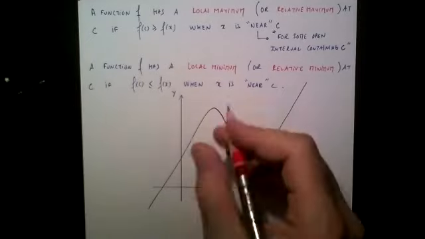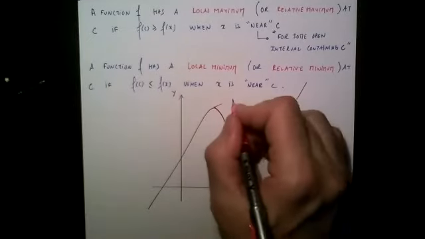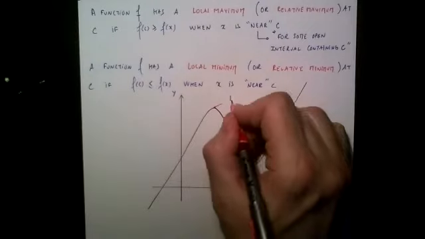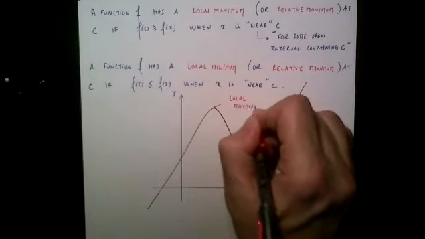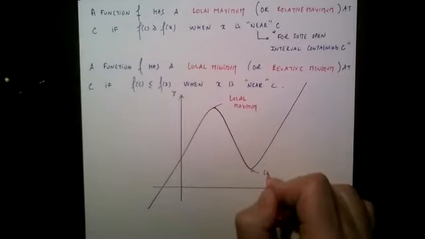Right here is where I have a relative, or a local, maximum, and here is where I have a local minimum.